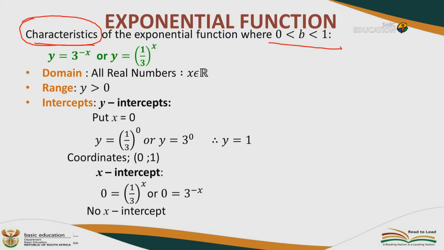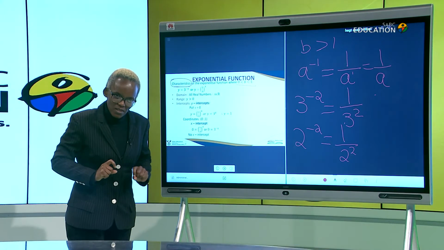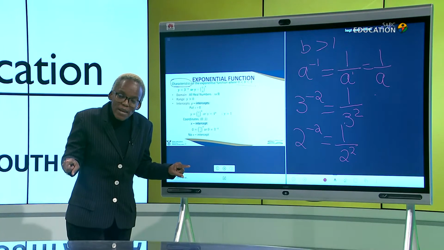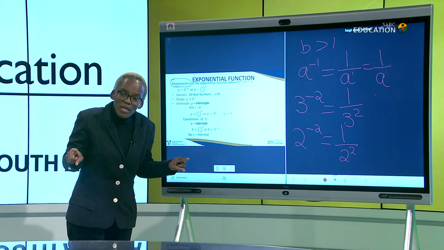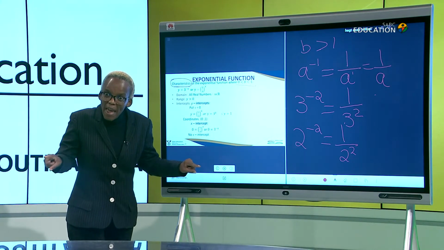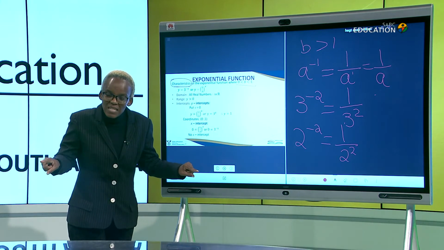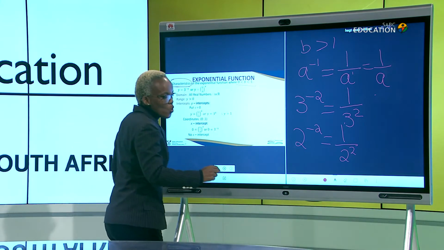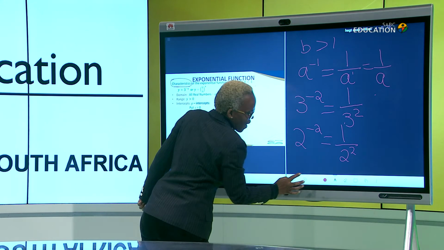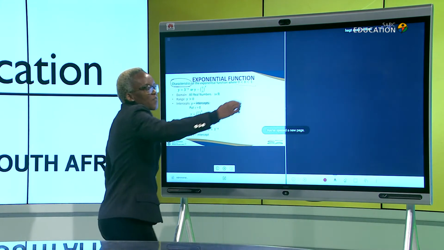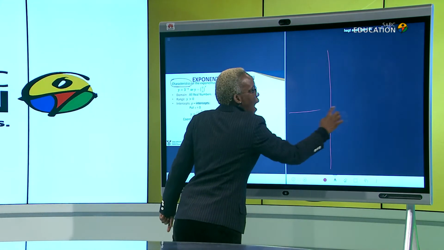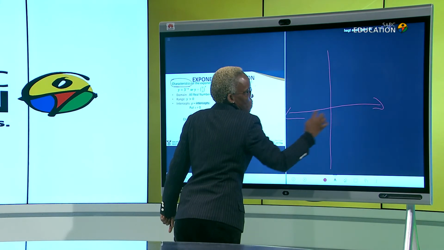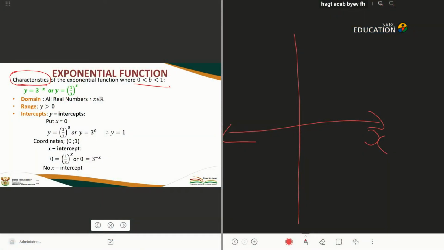Now the domain. Remember, the domain are the x values where the graph is defined. So when we talk of domain, we are always talking of the x values where the graph is defined. And you should always remember that our x values are on the x-axis.